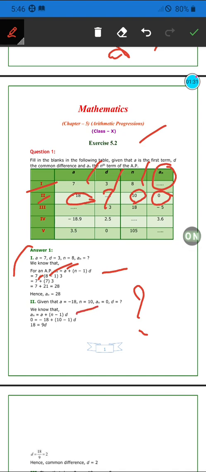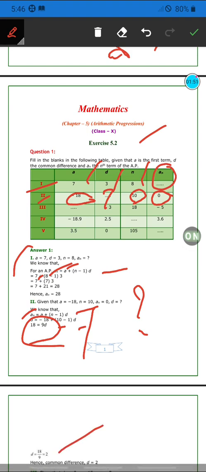Again the same formula, an is equal to a plus (n minus 1) into d. an is 0, a is minus 18, n is 10 and d we don't know. Putting the values, we find d equal to 2.